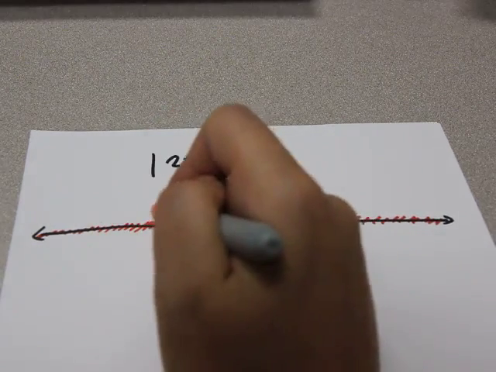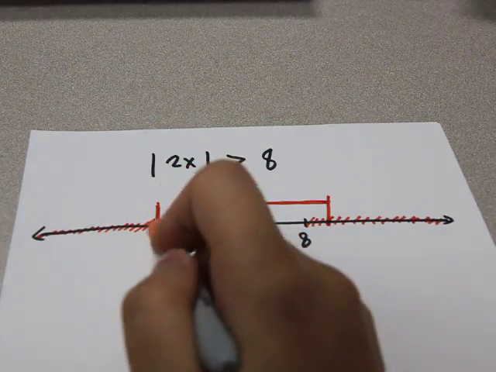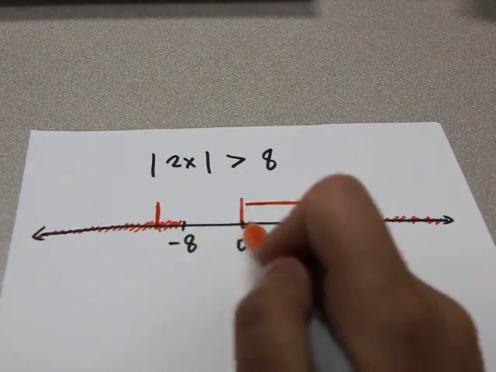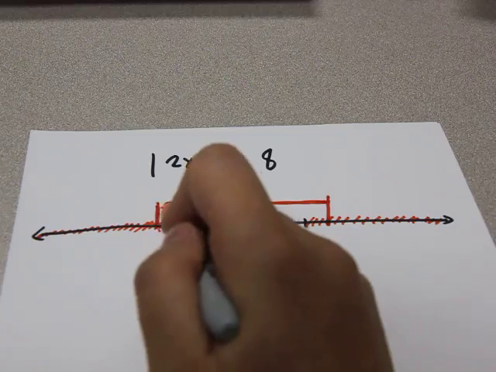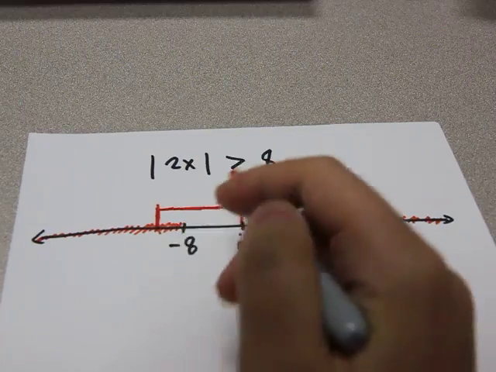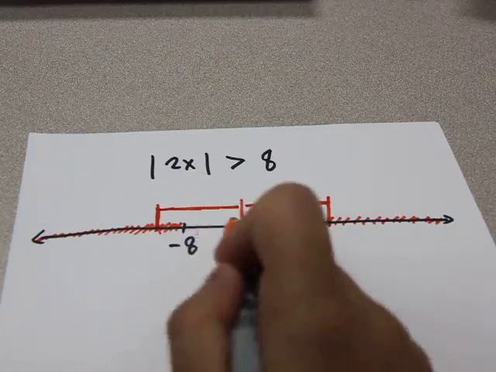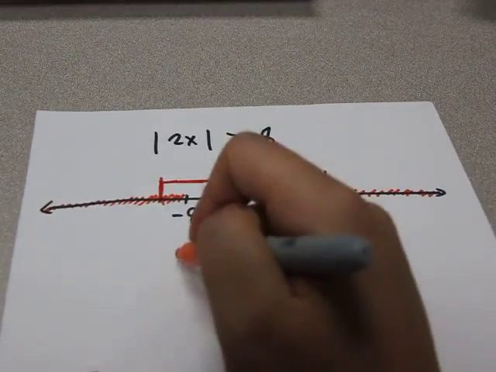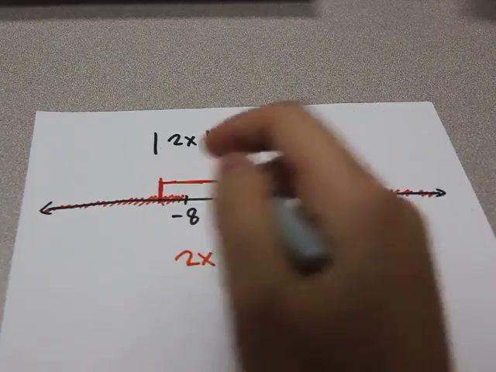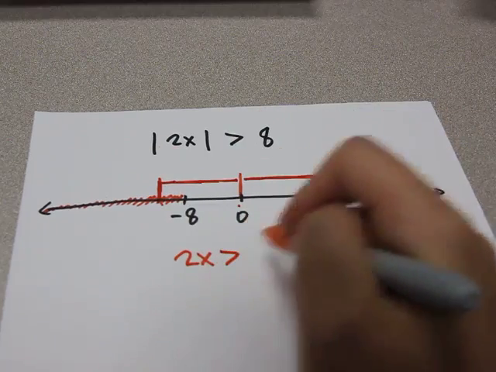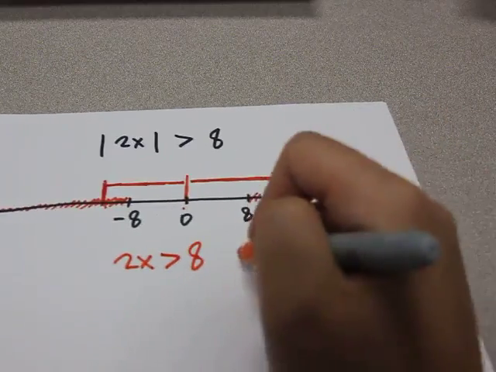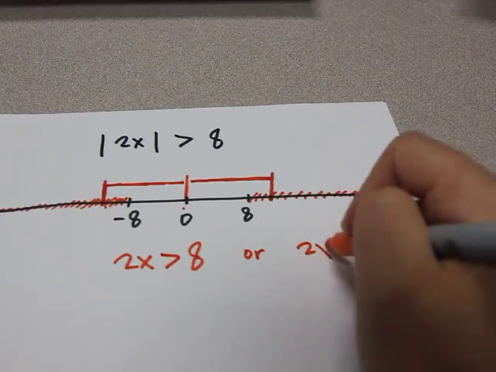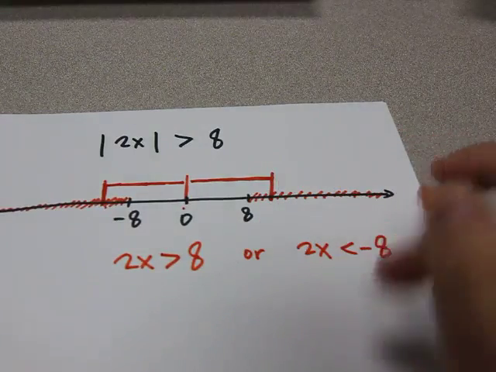Like here, no matter where the number is, the distance from this number to 0 is always bigger than 8. So 2x must be greater than 8, or 2x must be less than negative 8.